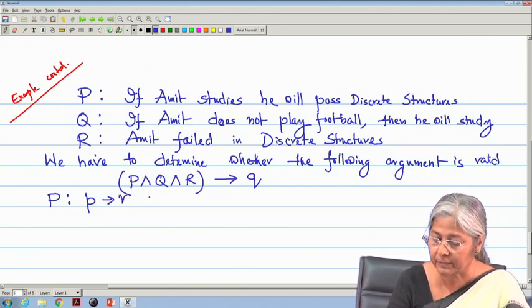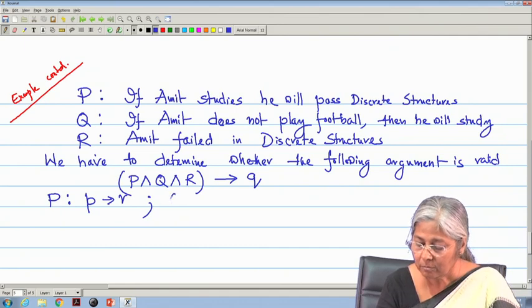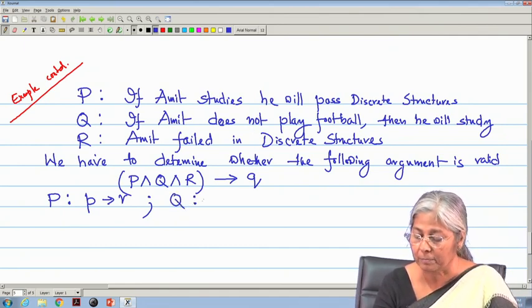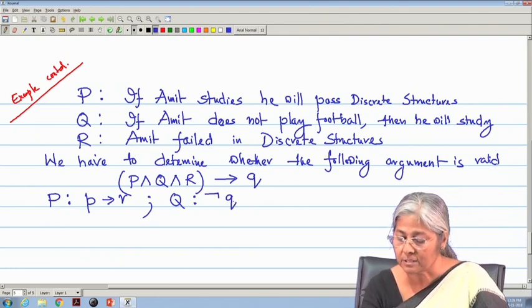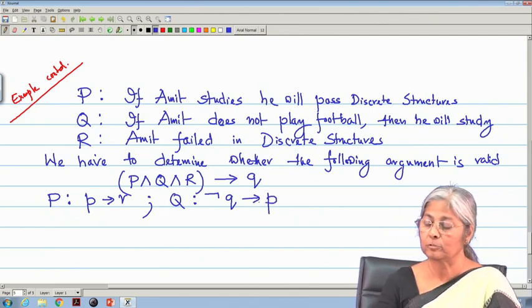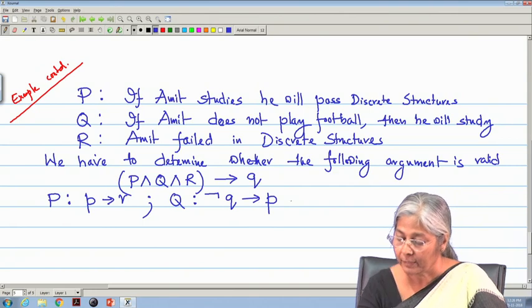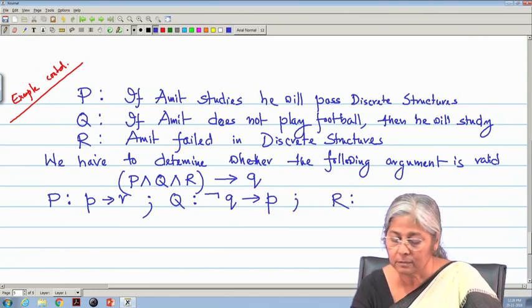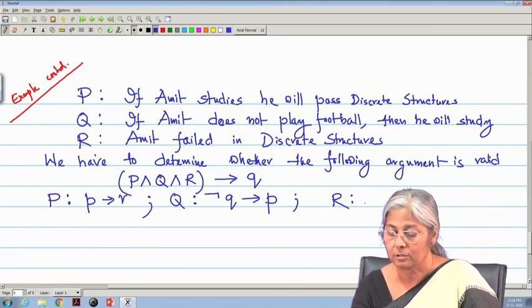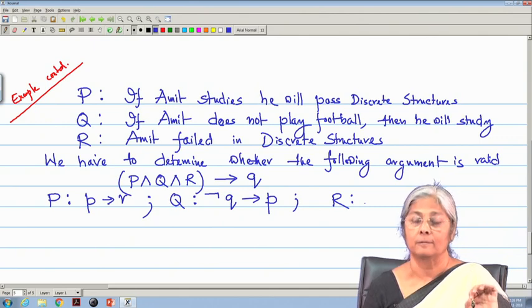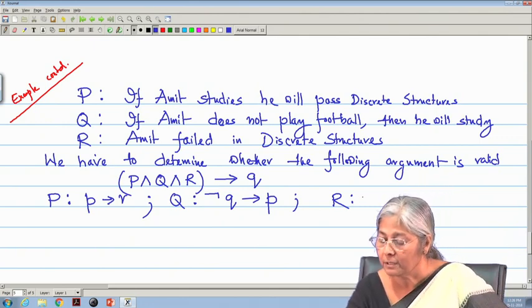Q, the compound proposition Q is: if Amit does not play, that means negation q, then he will study. He will study means it is p, because Amit studies is small p. Then what is R? R is Amit failed in discrete structure. Amit passes was the primitive statement, small r. So, Amit failed will be negation r.